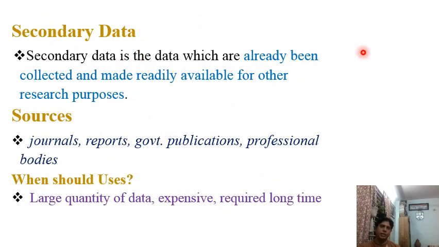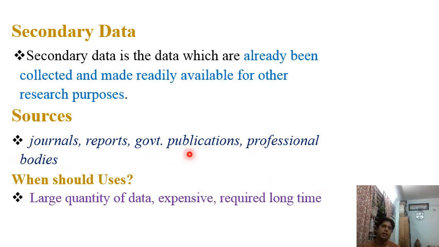What is secondary data? Secondary data is the data which has already been collected and made available for other research purposes. Suppose when we see data in journals, reports, it may be published from government agencies or others, or various publications and professional bodies.